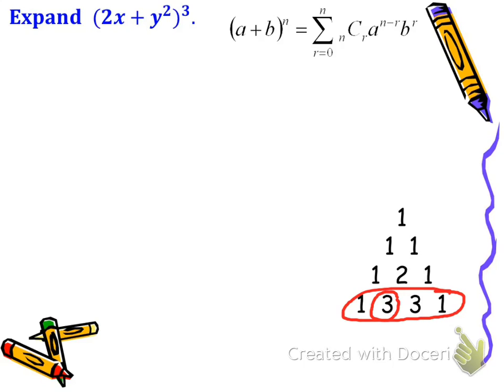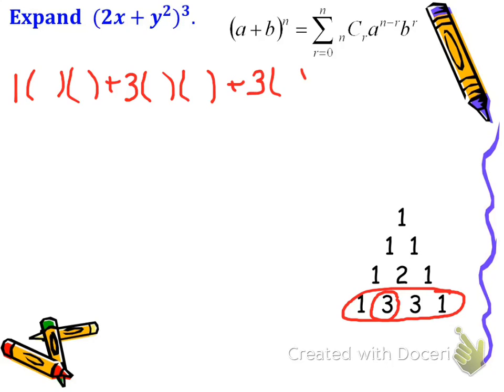So our combination for the first one would be equal to 1 times A times B, plus the next combination, 3 times A times B, plus the next combination, 3 times A times B, plus the next combination, 1 times A times B.